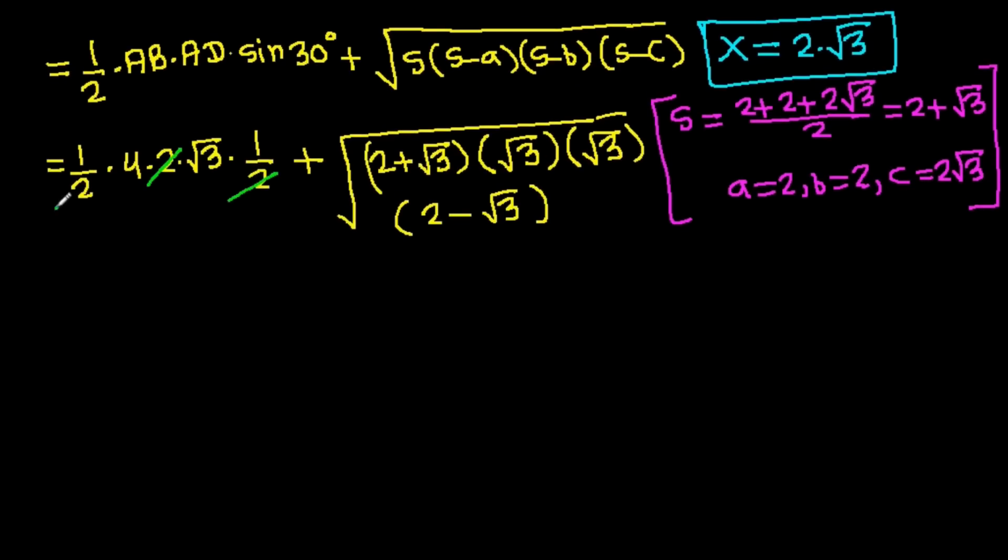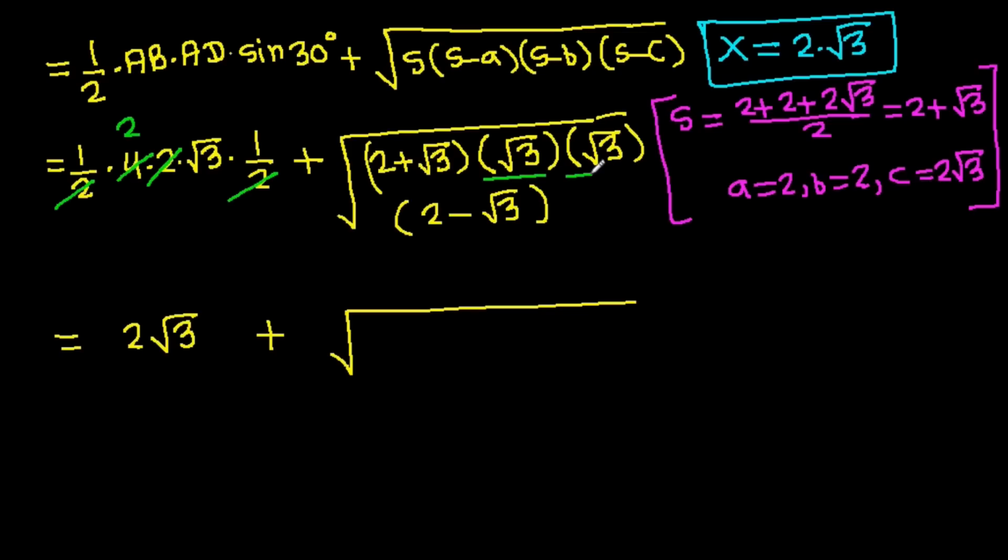and 2 will get cancelled, and 2 times 2 is 4. So it is 2 times square root of 3 plus square root of (3 times 3) times (2 plus square root of 3) times (2 minus square root of 3), which will be 2 squared minus square root of 3 squared.